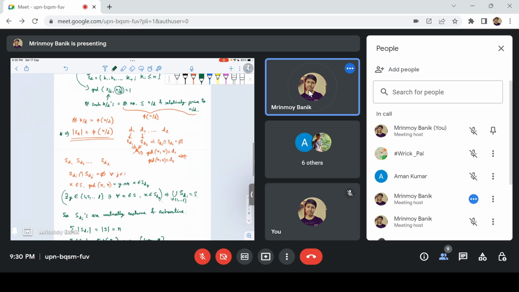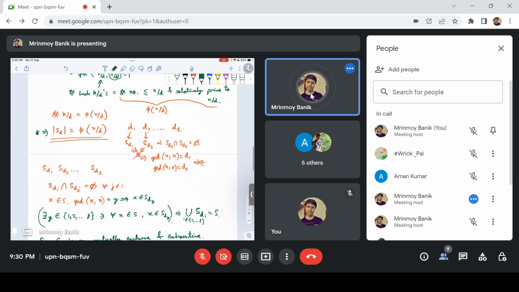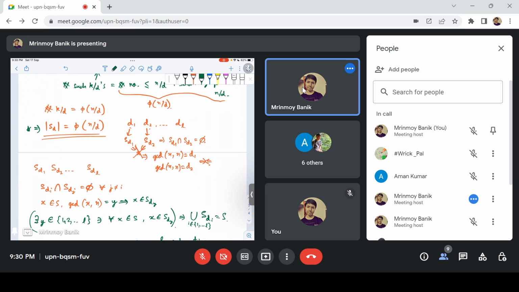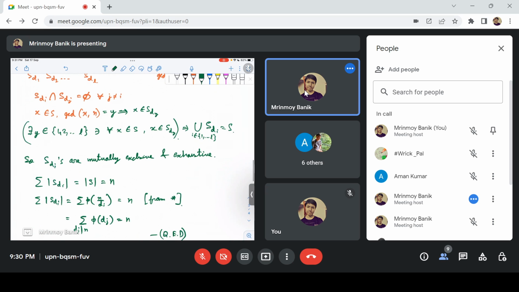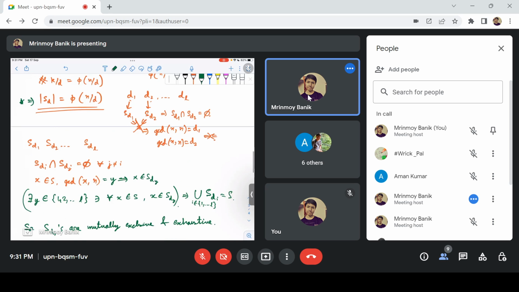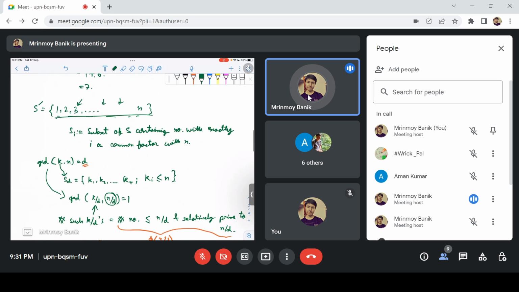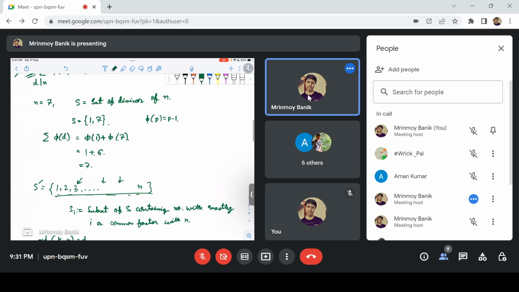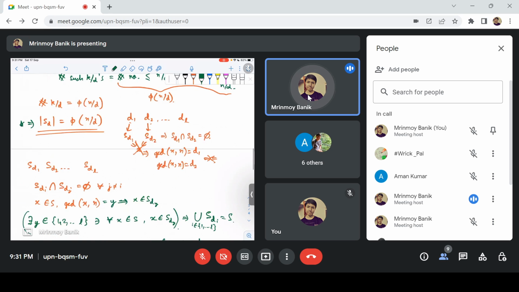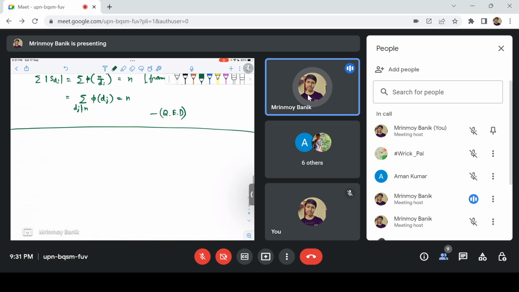Okay, so any doubts? Did you get the argument? So constructing these S_d's was the crucial part of the argument. One would also have to observe that phi of n by d is the cardinality of such S_d's.